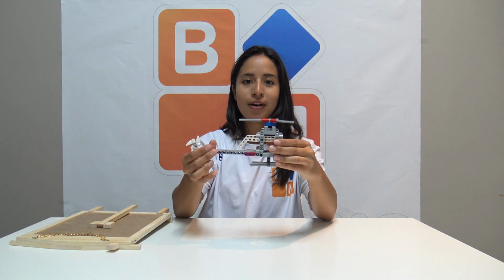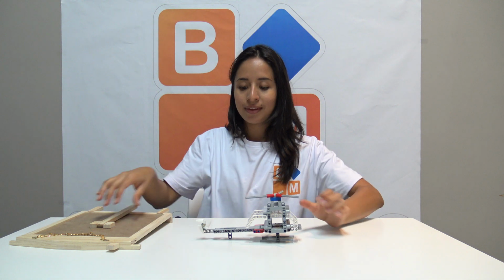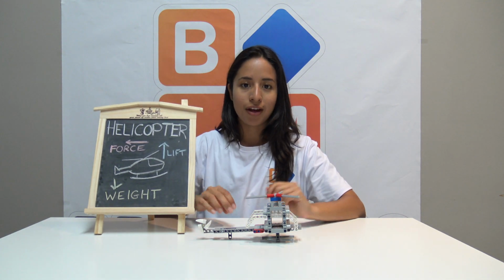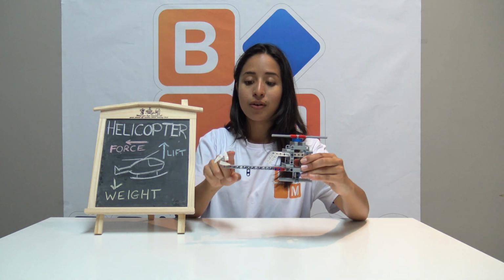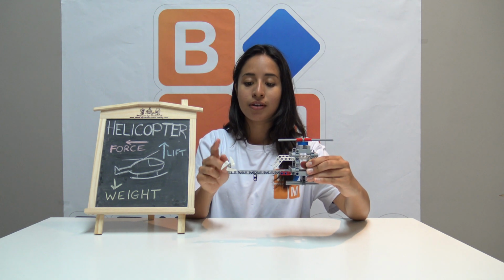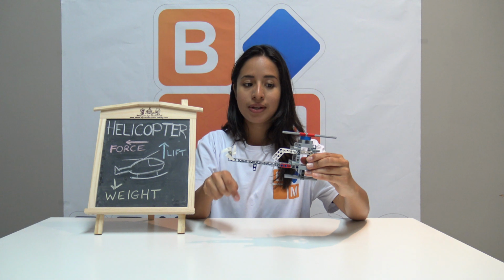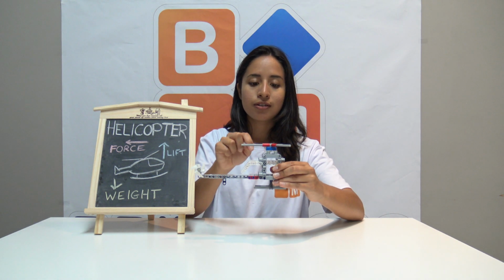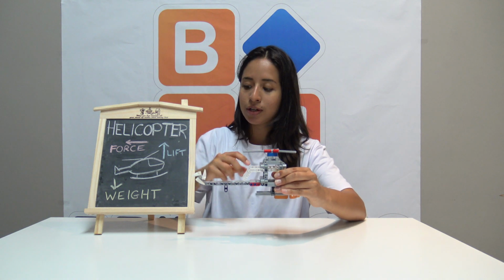So let's look at the parts that we've covered, and let's look at how our helicopter resembles a real helicopter. So to make a helicopter, you're going to need to have the back wings and the front wings in order to spin really quickly using a motor.